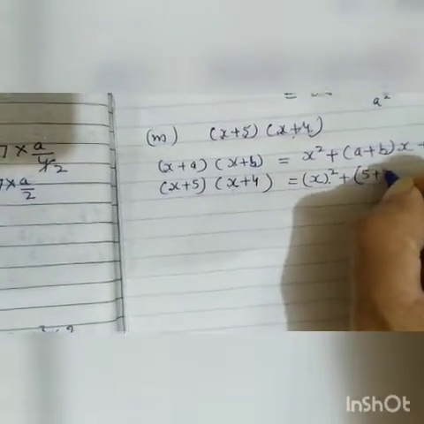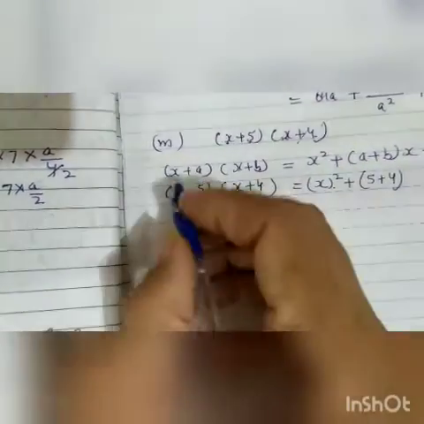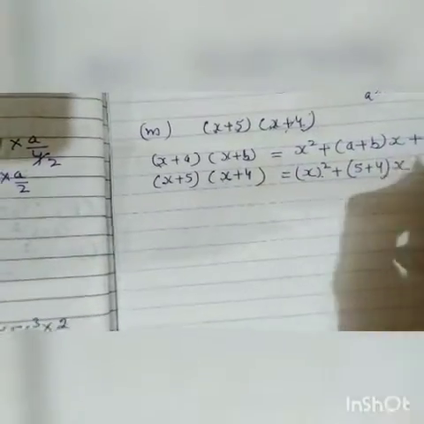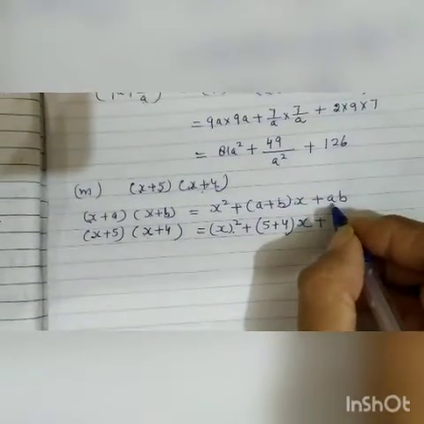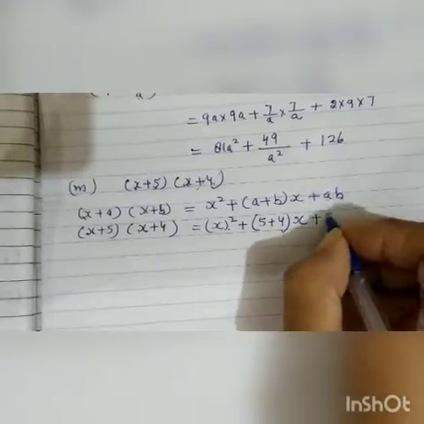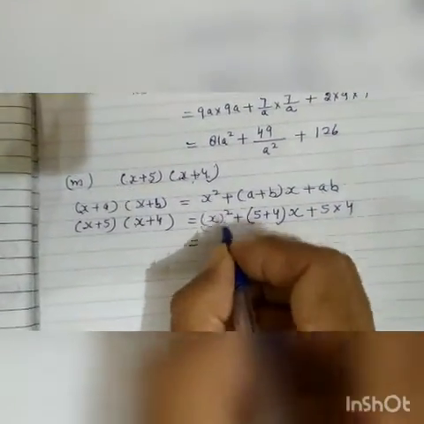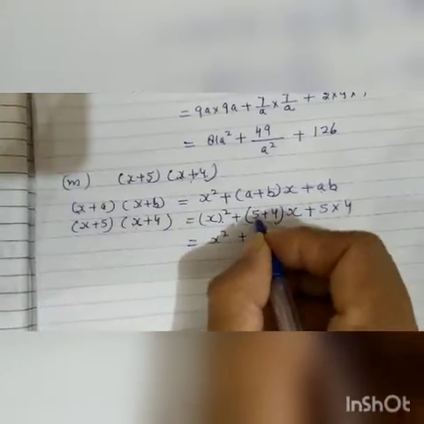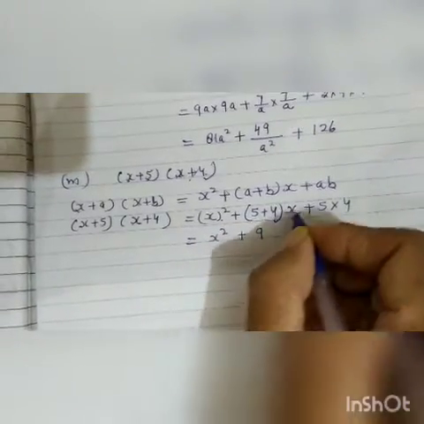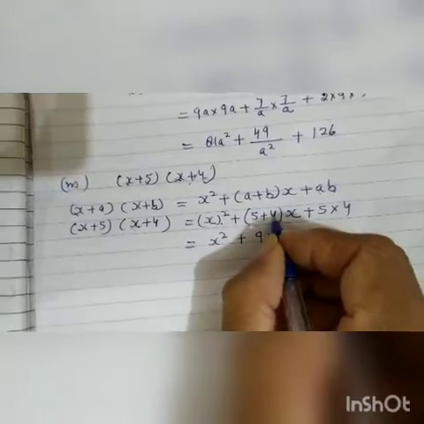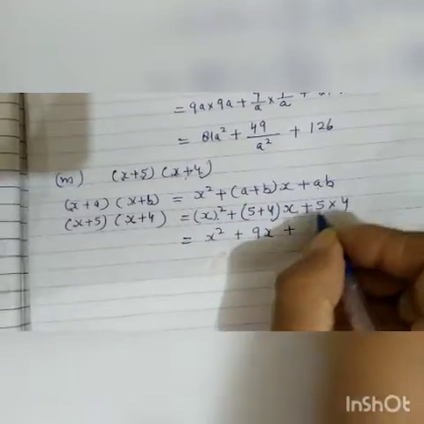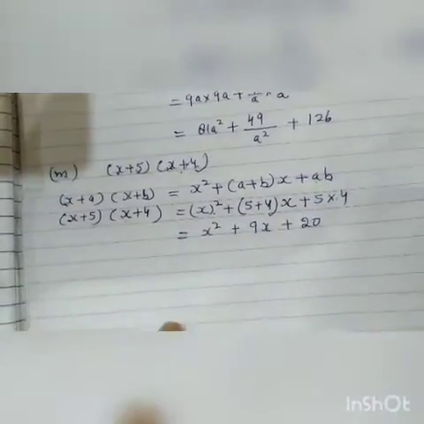We will write 5 plus 4, then x, x means the first term. Then plus ab means a into b, a means 5, b is 4. So it will be x square plus 5 plus 4 is 9, 9x, plus 5 fours are 20.